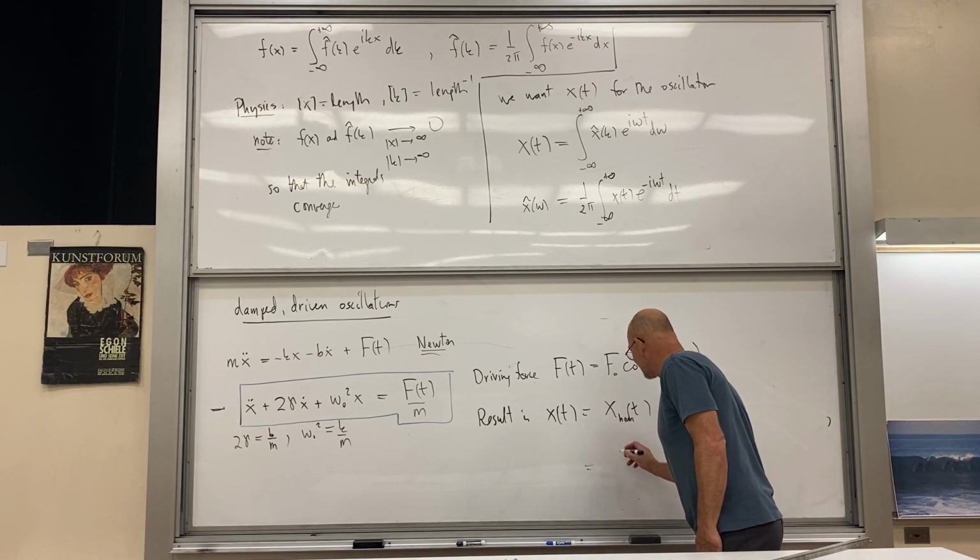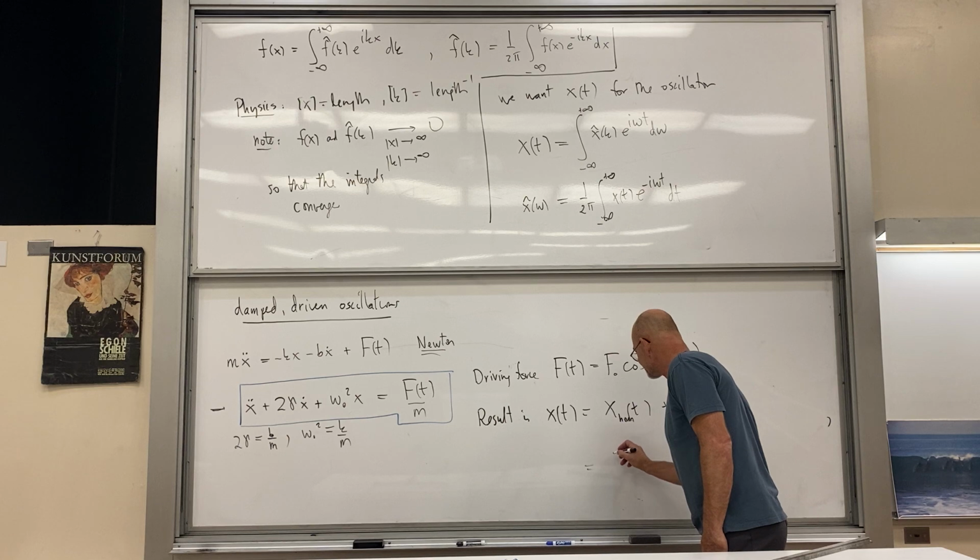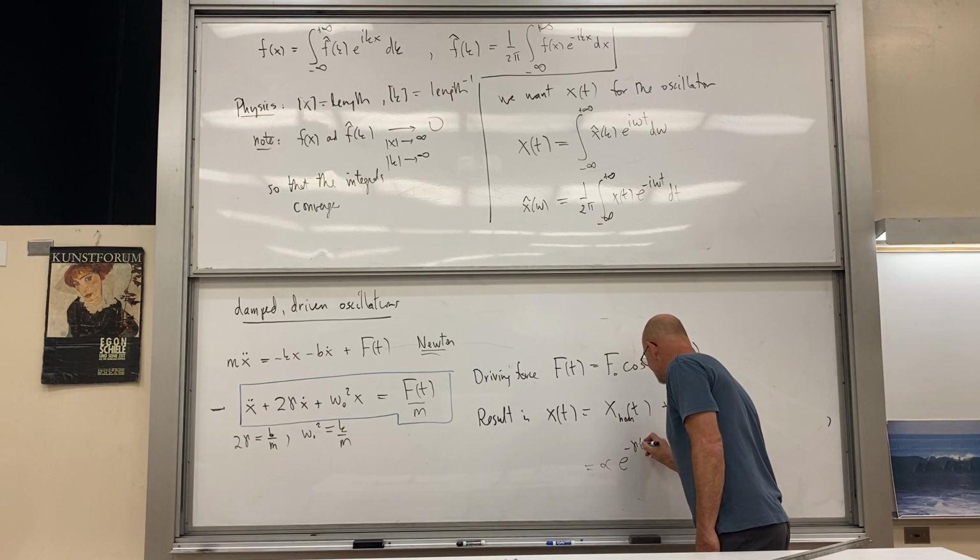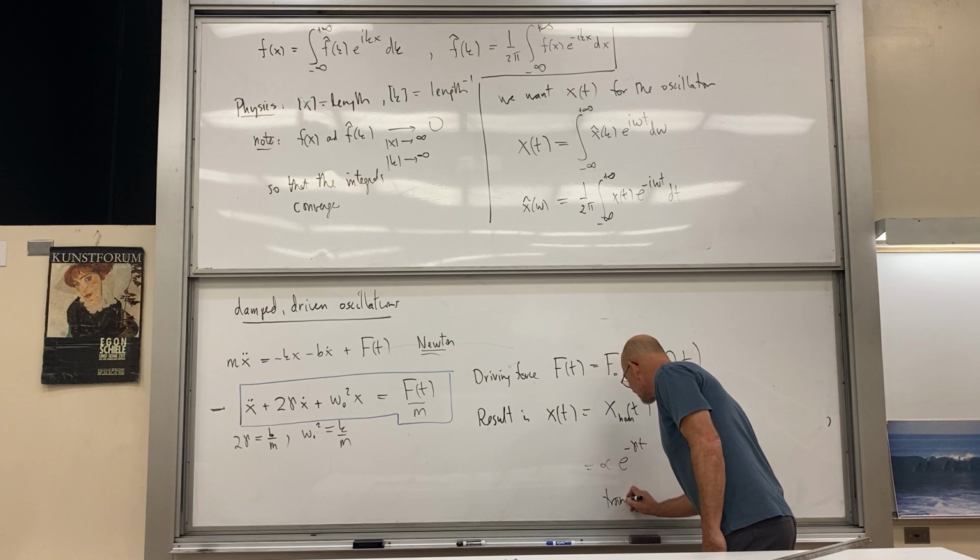So this is something proportional to e to the minus gamma t, so that's the transient part.